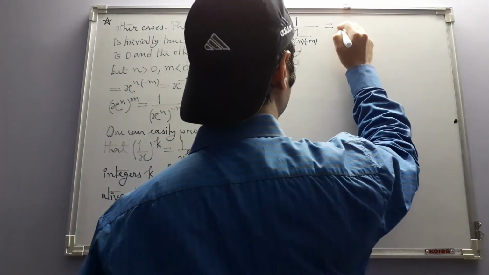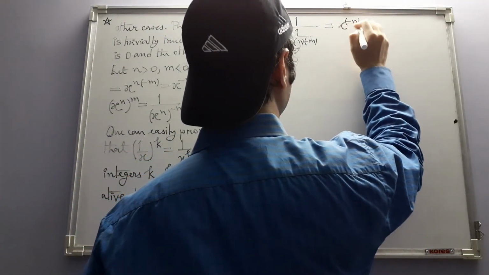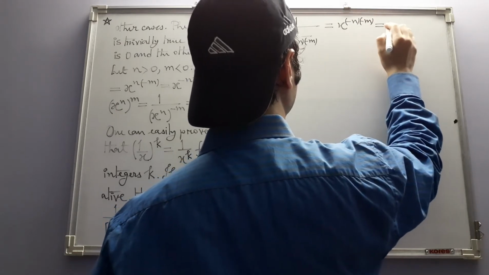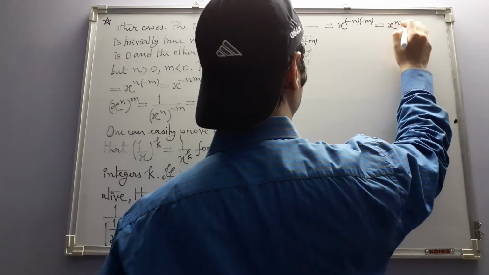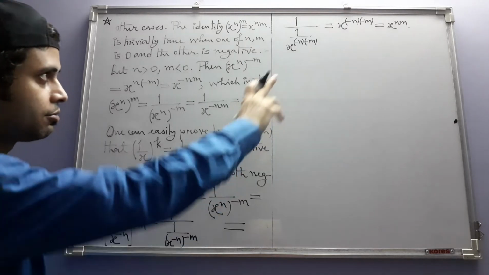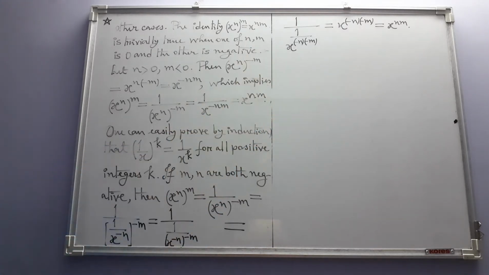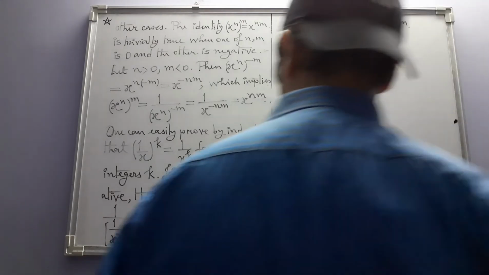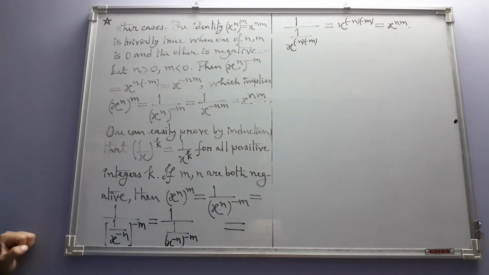So this is equal to minus n times minus m, which is nm. So in this case also we have proved that our formula is actually true. Okay, now have we covered all the cases?